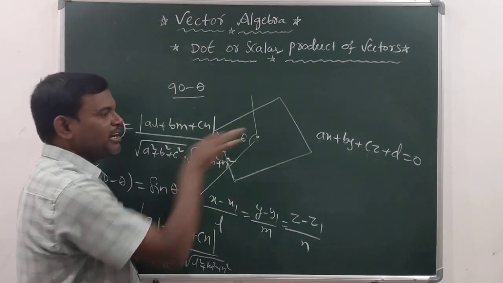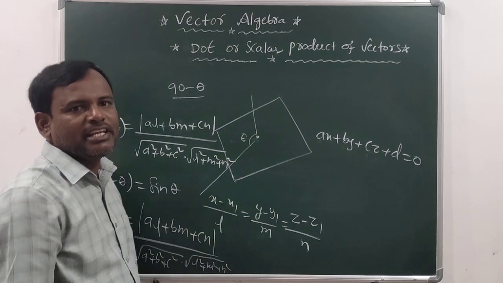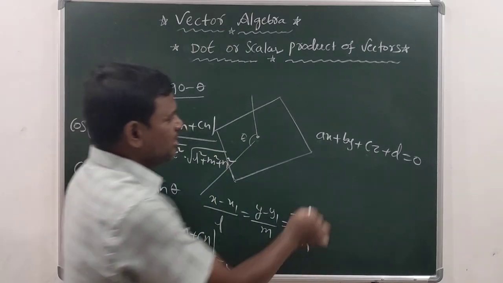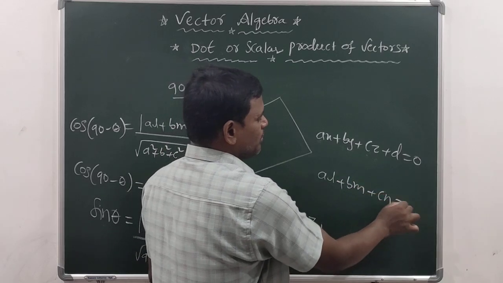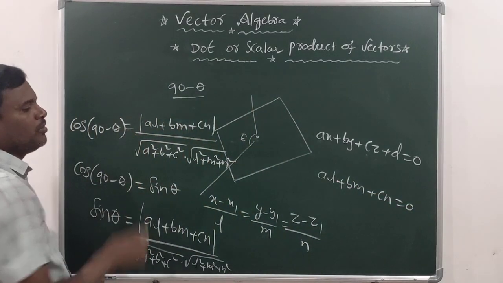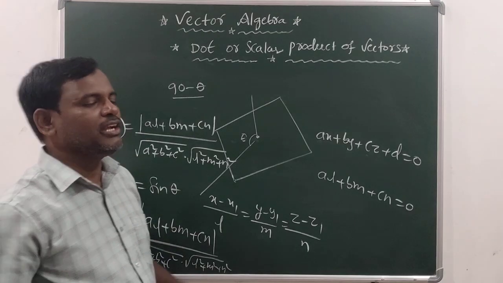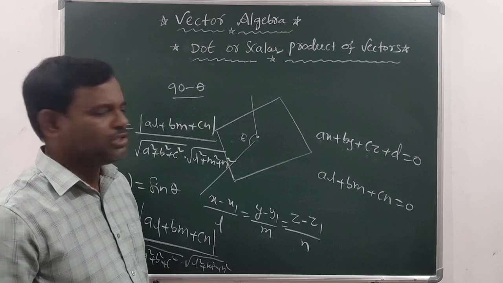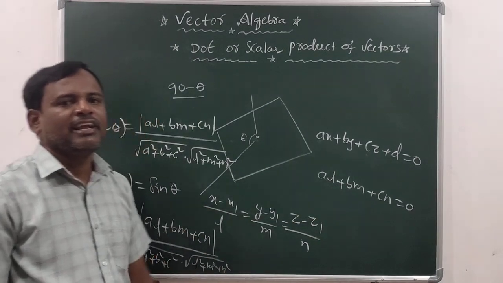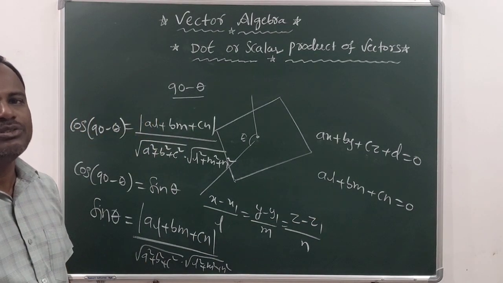The plane normal and line both are 90 degrees to each other. Hence, in such a case, you will get AL plus BM plus CN is equal to 0. Because here you have to put in the cos theta formula, theta equal to 90, and cos 90 is equal to 0. Hence, you will get this relation, AL plus BM plus CN equal to 0.